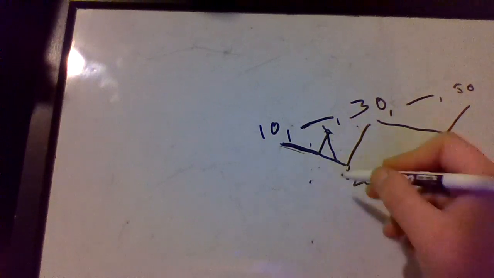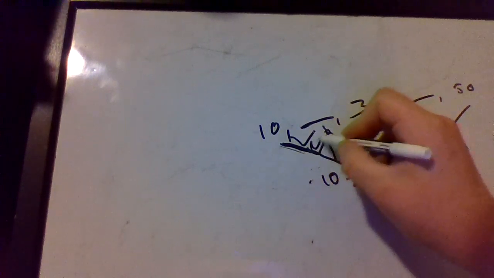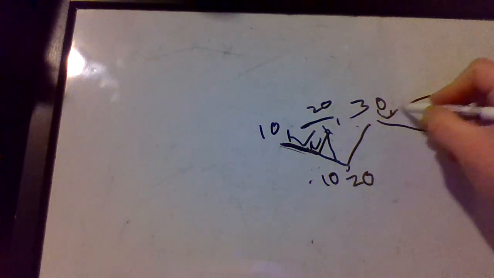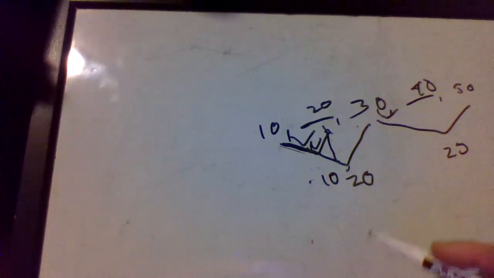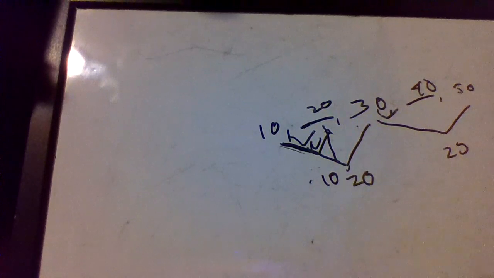What's half of 20? 10. So we're going to go 10 plus 10 is 20, and 30 plus 10 is 40. That satisfies our sequence: 10, 20, 30, 40, 50. And you could keep going if you wanted to.